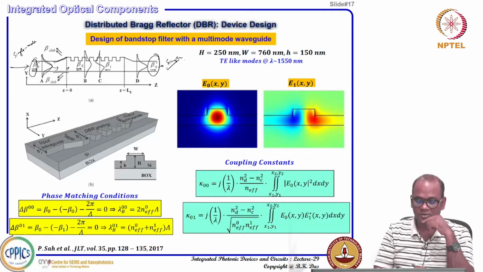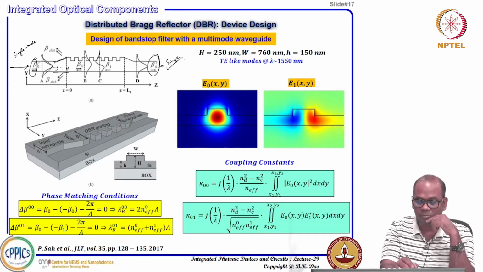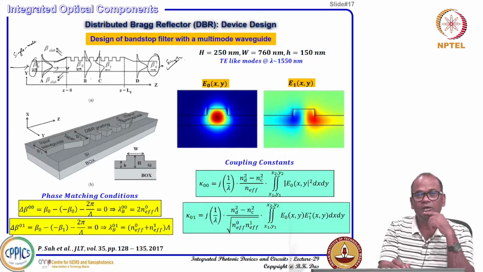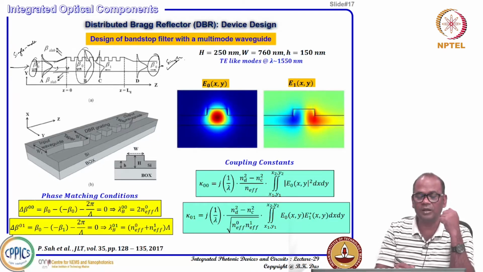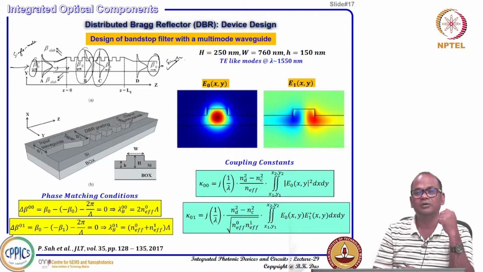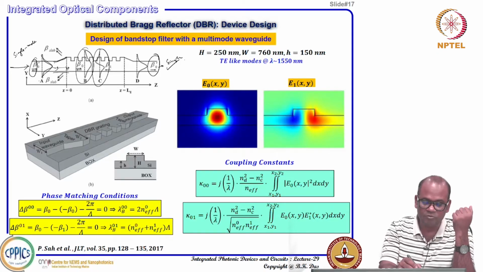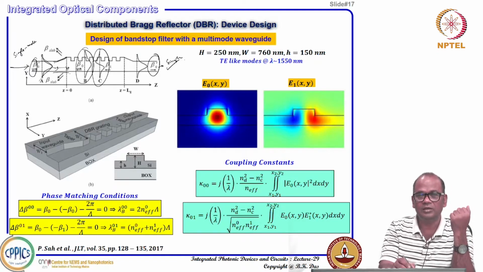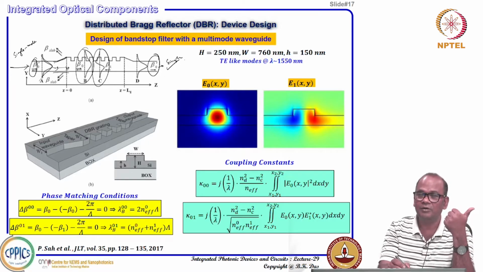But what happens as it propagates through the DBR structure? Since it can support both the fundamental mode as well as the first order mode, there is a chance that the forward propagating fundamental mode can couple light into the backward propagating fundamental mode and the backward propagating first order mode. Whatever wavelength you are launching here can be phase matched to the backward propagating fundamental mode and the backward propagating first order mode.